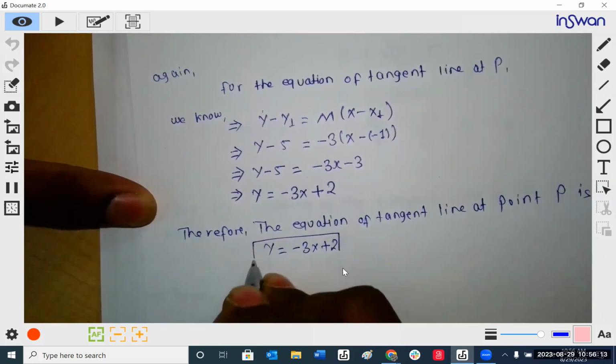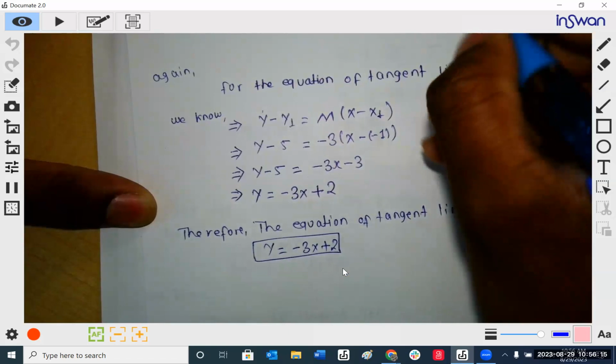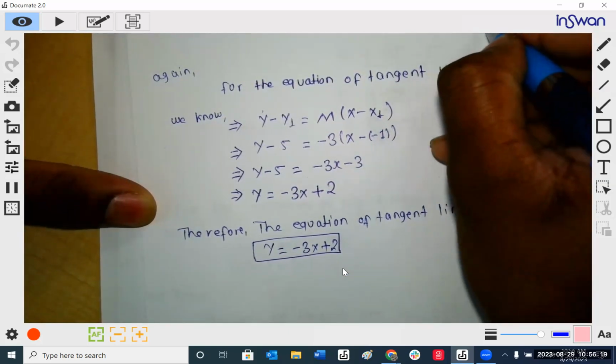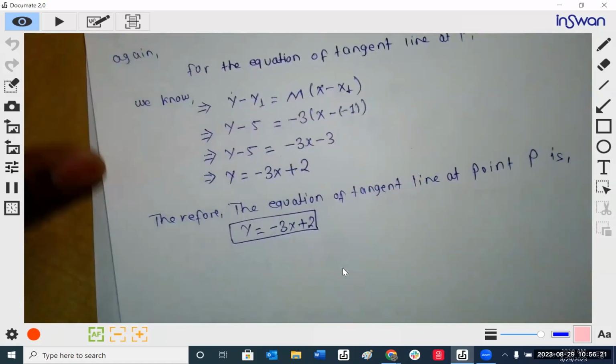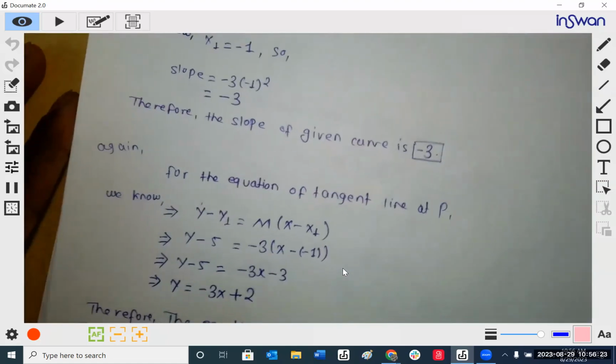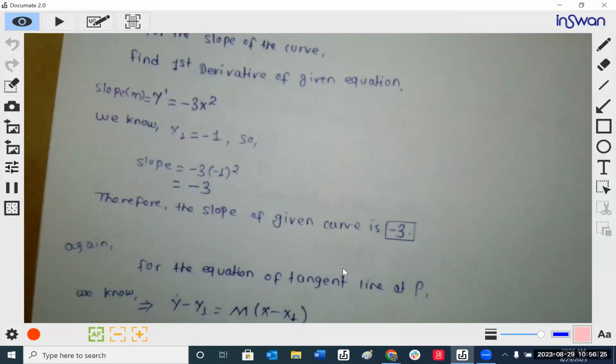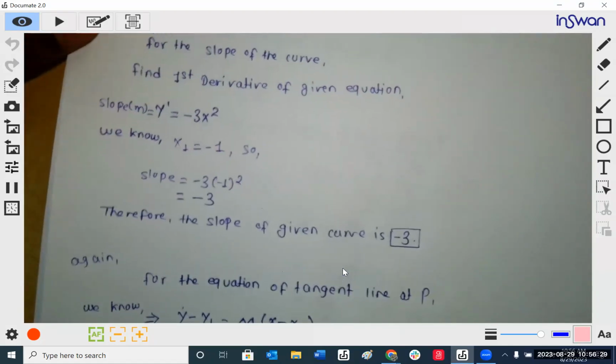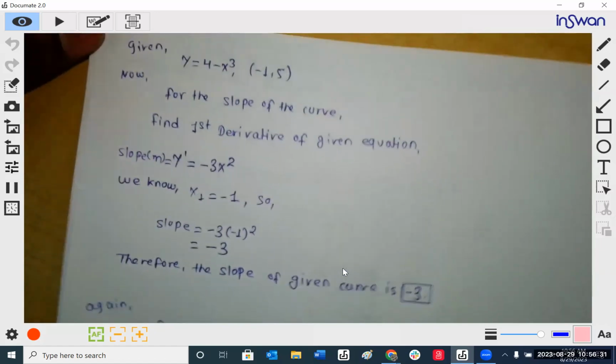For the second derivative, bring the 2 down and multiply it, so it's -6x.